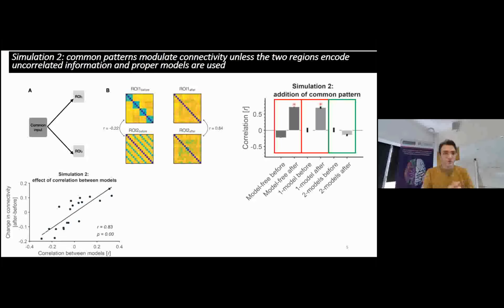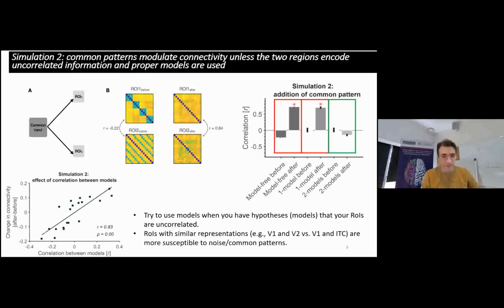So we tried to investigate more and see how uncorrelated ROIs should be not to be affected by noise. And what we saw was that the more the two regions are correlated to one another, the more they are prone to be affected by common patterns such as noise. And here we suggest that if you have hypotheses for two regions which should represent two different aspects of information, you can use two model RCA to not be affected by additional noise.